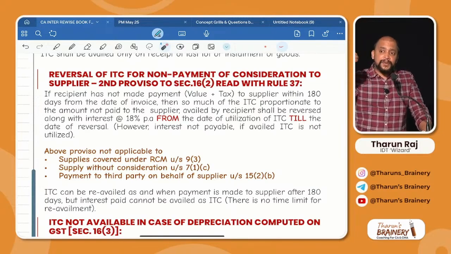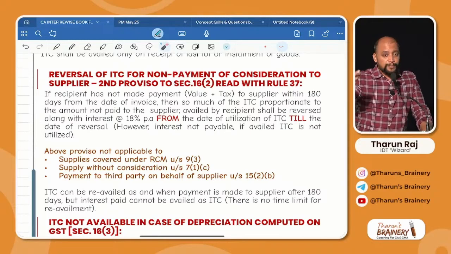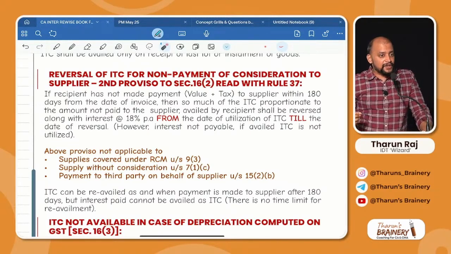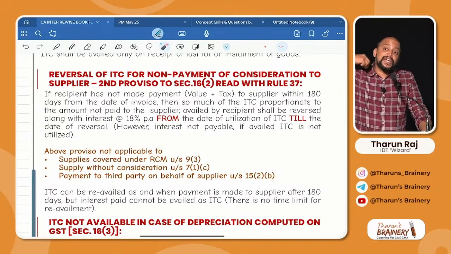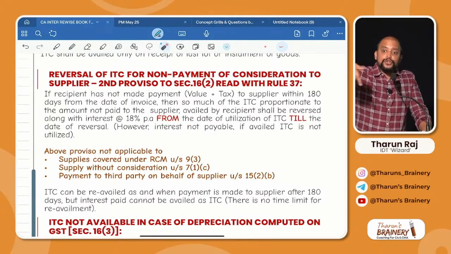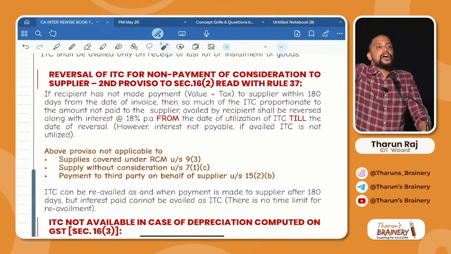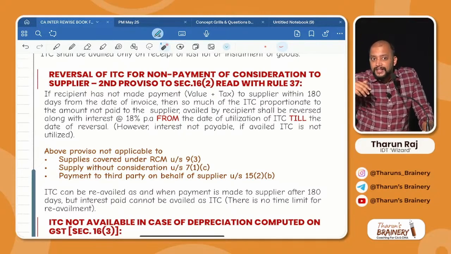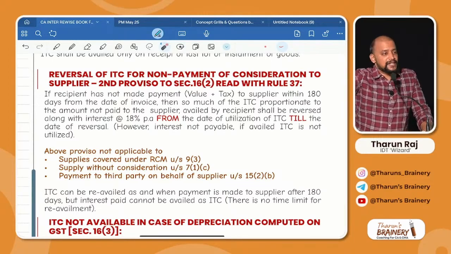Nowhere. Means recipient can definitely take ITC, but if recipient is not making payment to supplier within 180 days from the date of invoice, then so much of the ITC availed by the recipient needs to be reversed along with interest. At what rate? 18%. From which date? Date of utilization till the date of reversal.